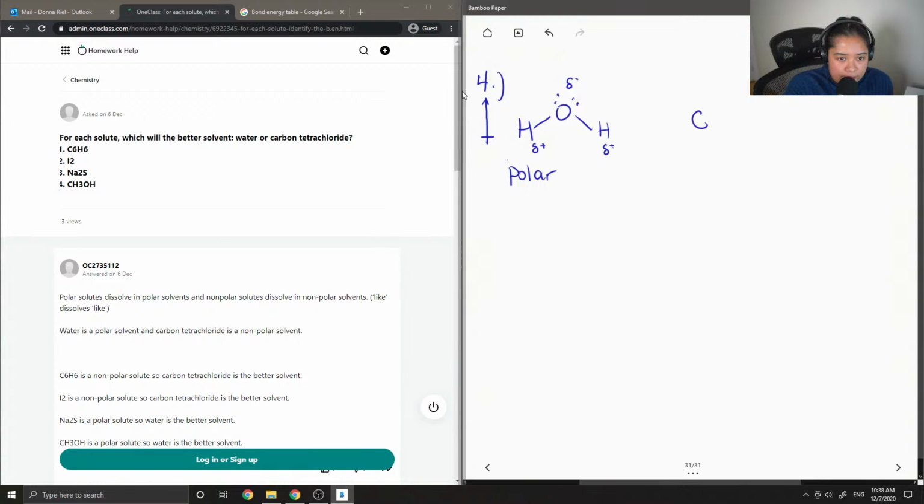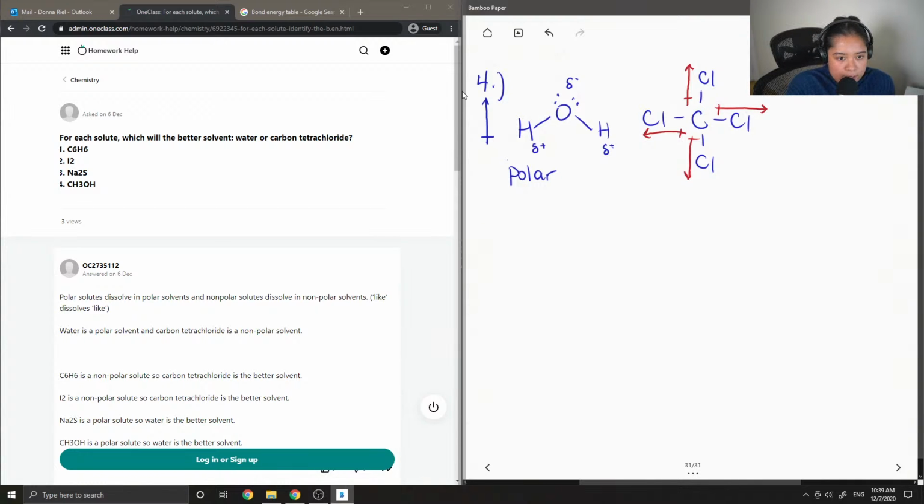On the other hand, if we have carbon bonded with 4 chlorines, each chlorine atom is more electronegative than the carbon, but the fact that they are all pointing in different directions just shows that all of their dipole moments will cancel each other out.